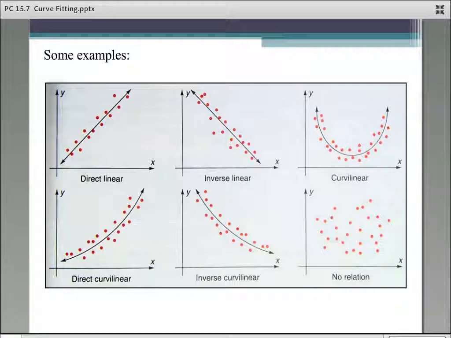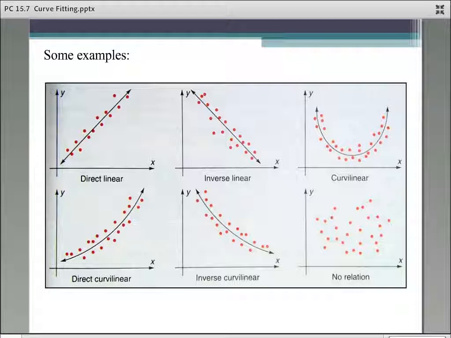That's why it's inverse. We've got curvilinear, is what your book calls it, when that one looks almost like, not quite like a quadratic, but it's definitely curvy. The bottom left-hand corner one, direct curvilinear, is a little curvier than a straight line. Anyway, your graphing calculator will use exponential for that one. That's what we'll do for that one.